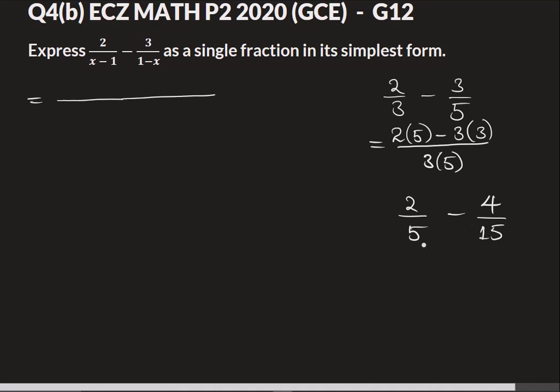If this is the case, 5 can go into 15, so our lowest common multiple is not going to be 5 multiplied by 15, it's going to be 15. So 15 is a multiple of 5. In this case, you can see the difference in the approach when you have denominators that can go into one another in simpler terms.